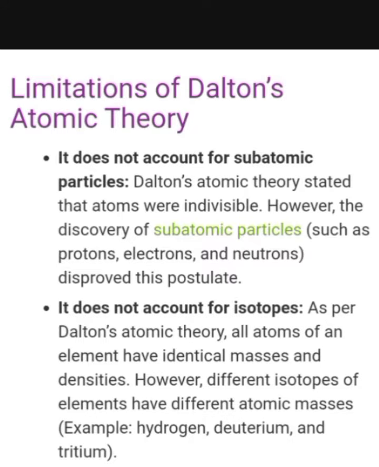Number 1, it does not account for subatomic particles, which we already explained. That means atoms can now be divided. Dalton's atomic theory stated that atoms were indivisible. However, the discovery of subatomic particles such as protons, neutrons, and electrons disproves this postulate.